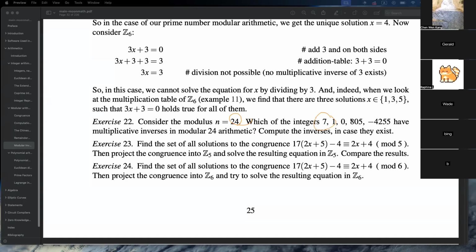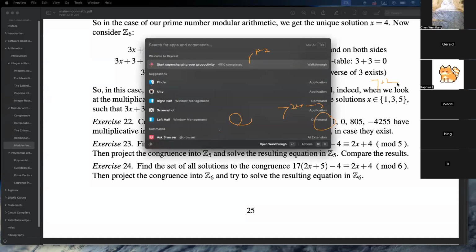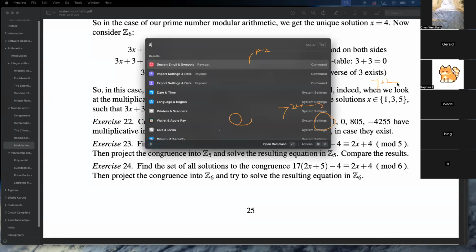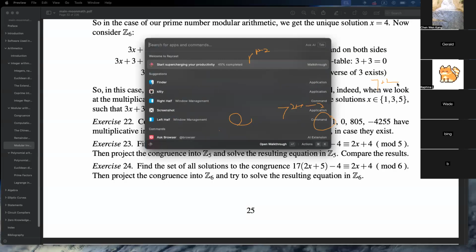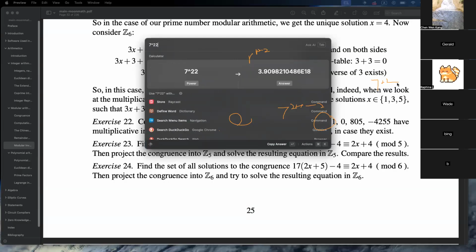Okay, so how do we find it? Again, p minus 2. In this case, 24 minus 2 is 22, so 7 to the 22. I'm not going to calculate this by hand because it's insane. Let's just mod this by 24.